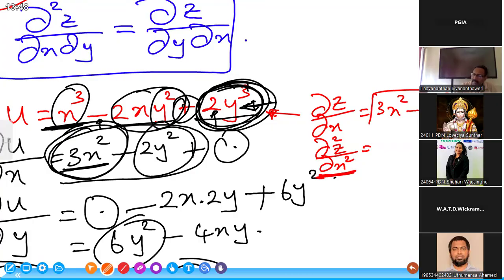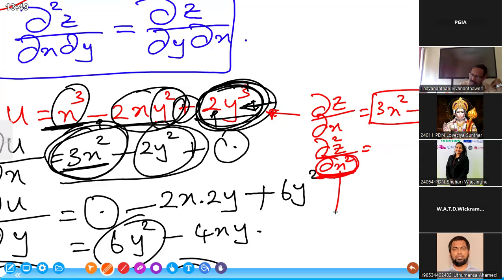So this is your present function to be differentiated with respect to x. So how to differentiate that? Tell me. This time x should be the constant. Why? Because I'm going to differentiate again.